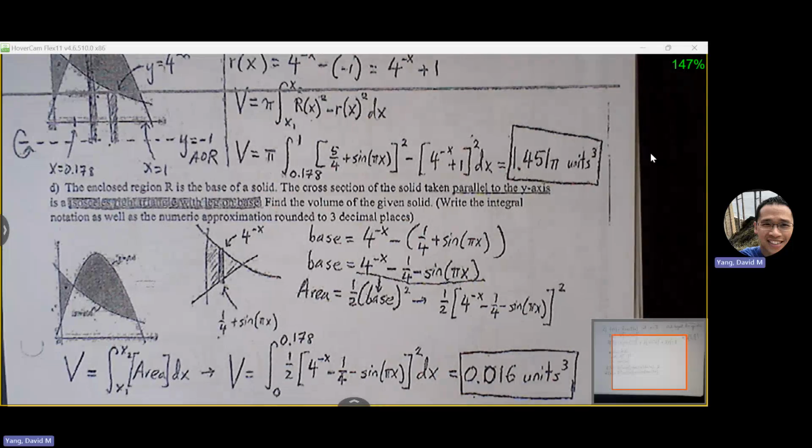Okay, part C will be washer method, and part D, cross section.